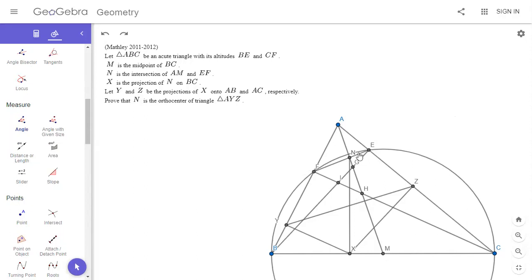So angle XFN is equal to angle, wait, is that true? I thought it was. Oh, wait a sec. Maybe not.